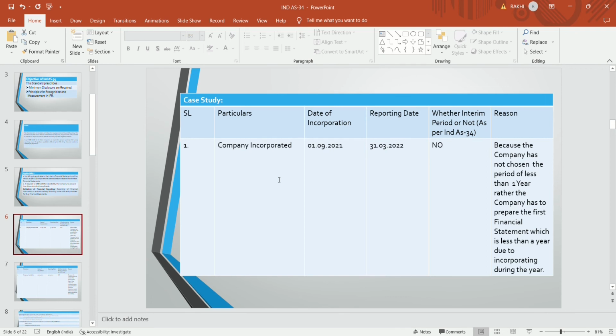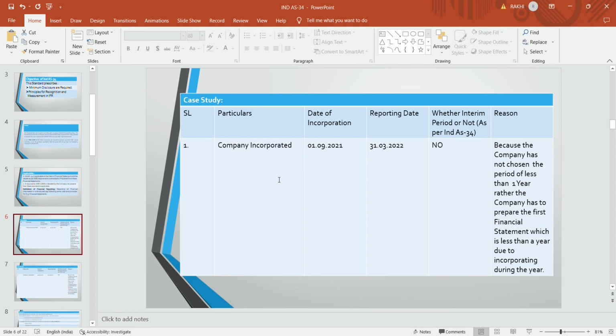Now we will discuss some case studies, some examples, with serial number, particulars, date of incorporation, reporting date, and whether it is an interim period or not as per Ind AS 34, with the reason.